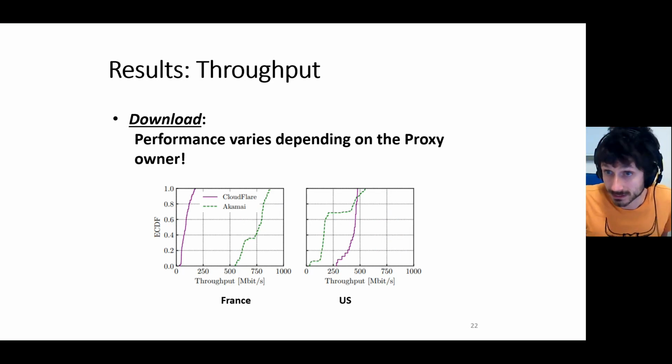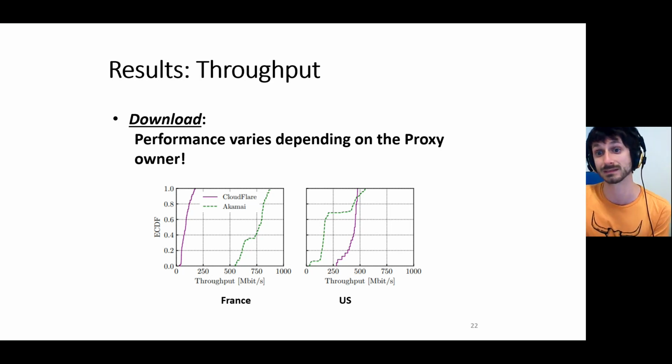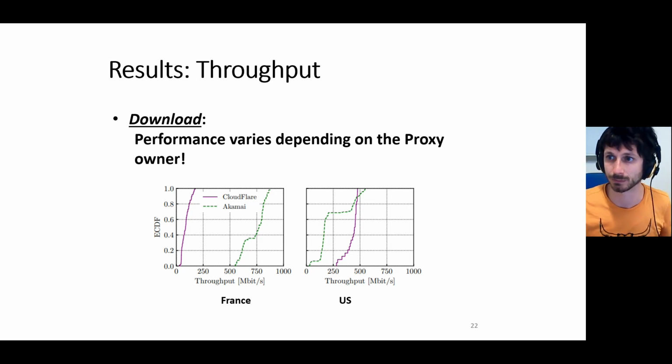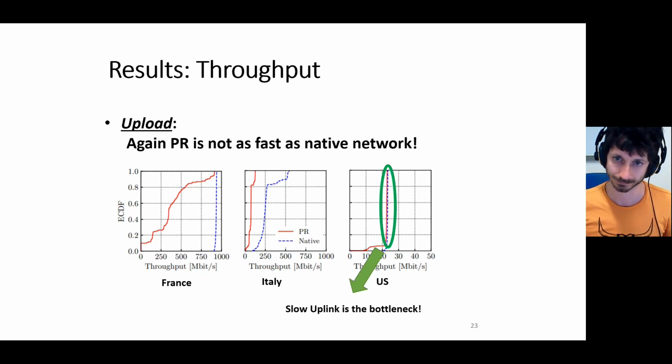It is interesting to notice that the performance you get in download also depends on the proxy that the system chooses for you. For example, in France, when the system routes your traffic to a Cloudflare proxy, download throughput is much lower than when the system chooses an Akamai proxy. In the US, interestingly, it is the opposite. It's hard to find the root causes, but we limit ourselves to reporting the situation.